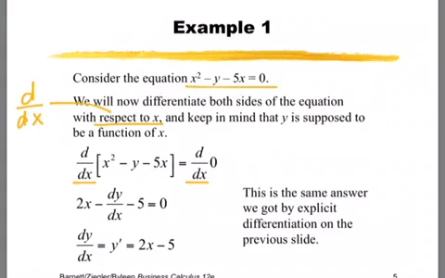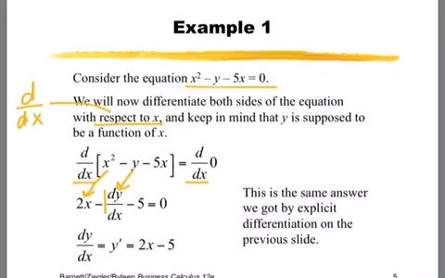If I differentiate with respect to x, x squared will become 2x, minus y will become minus 1, but since we're differentiating y with respect to x, we want to include dy dx, minus 5x differentiated will be minus 5, equal, the derivative of a constant is 0.